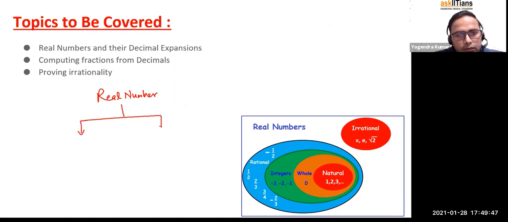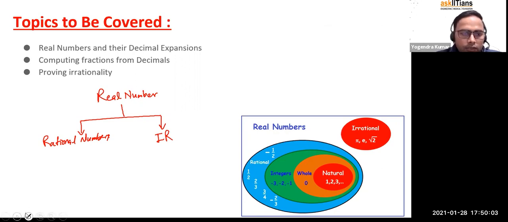The first one is rational numbers, and the other category is irrational numbers, which is shown here also.